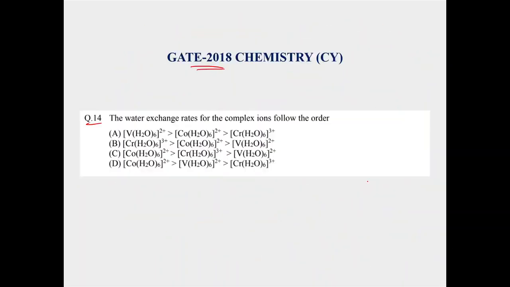So in the given question, the water exchange rates follow the order chromium least, followed by vanadium and then cobalt, right? So option D is the correct option for this question.